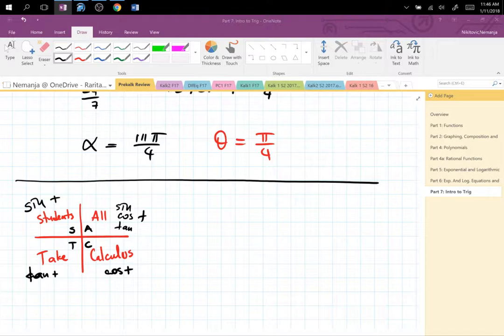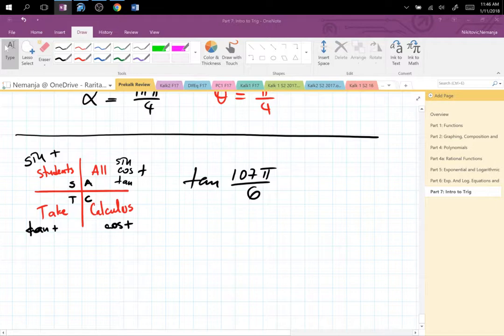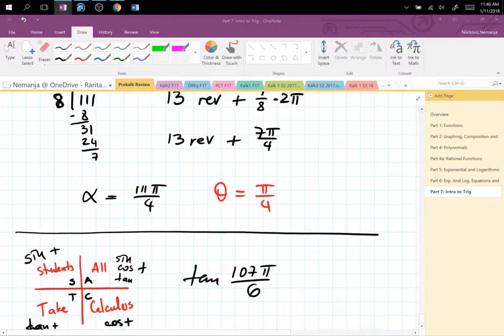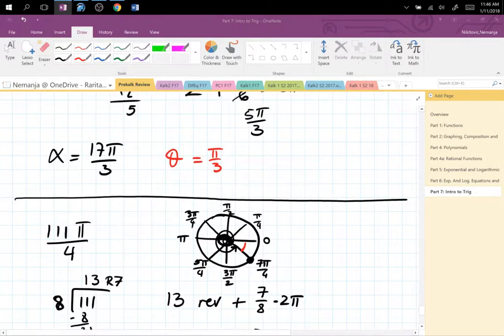So now, say you want to compute tangent of 107 pi over 6. That's the goal. Tangent of 107 pi over 6. You first do the reference angle, which is the procedure we did 15 times over here.